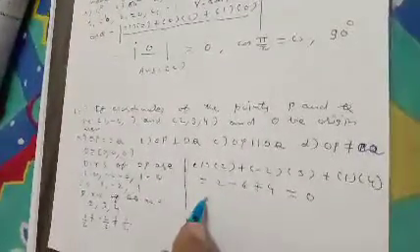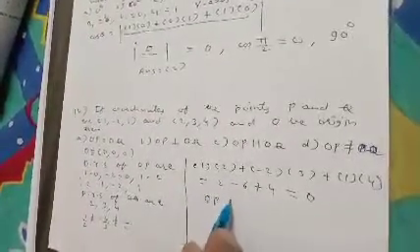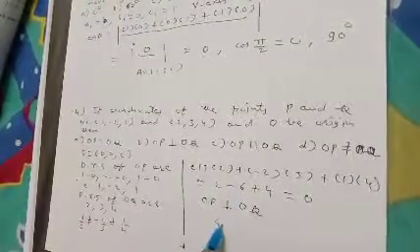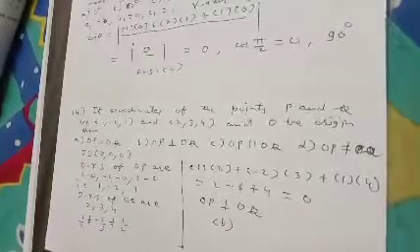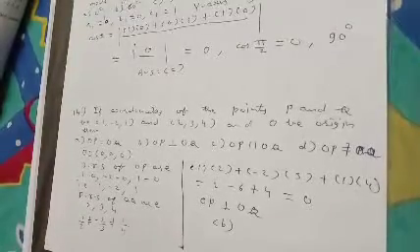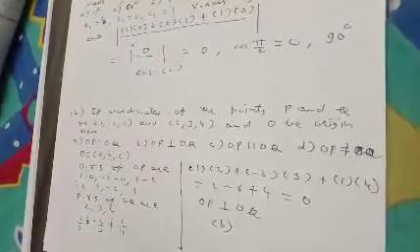Therefore, the angle between them is 90 degrees. It means that OP is perpendicular to OQ. As we have got the correct option here, we need not find OP and OQ. To find OP and OQ, we have to use the distance formula.